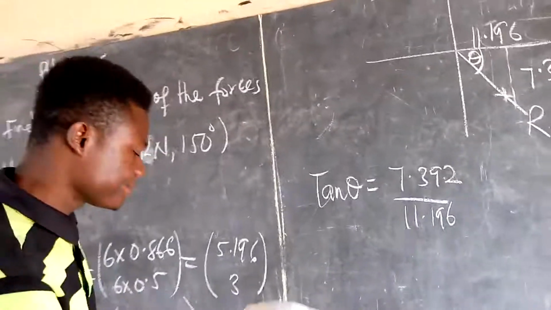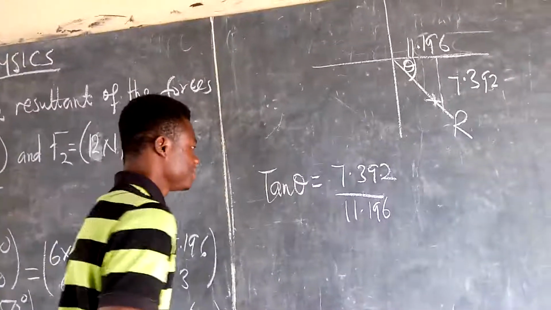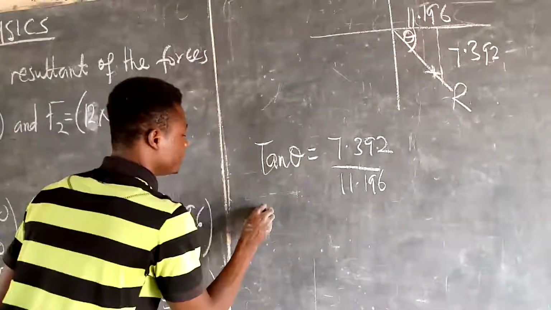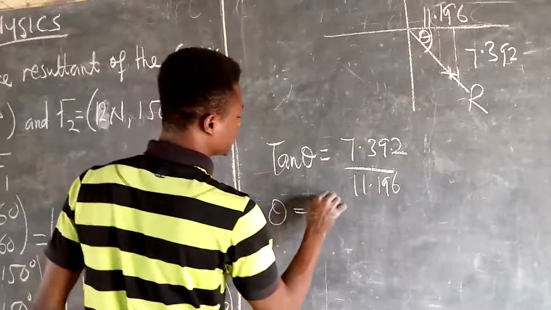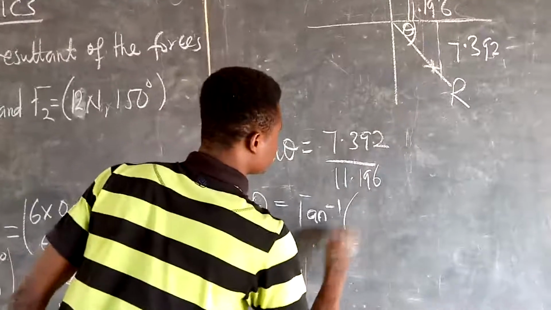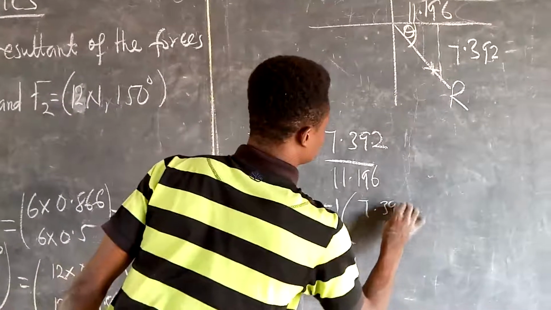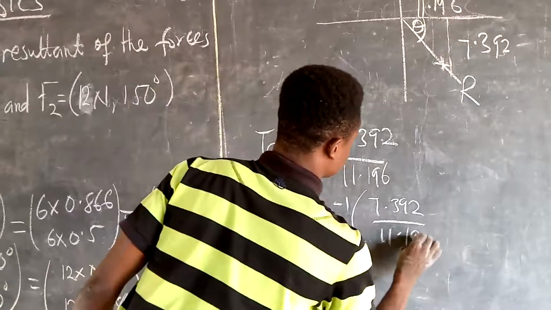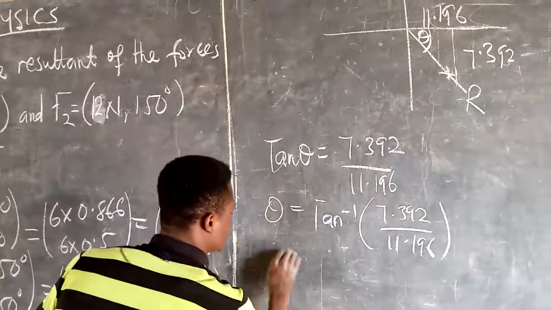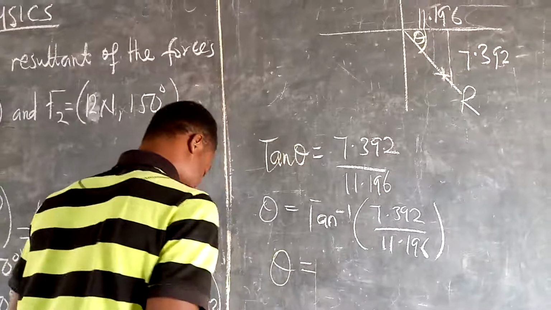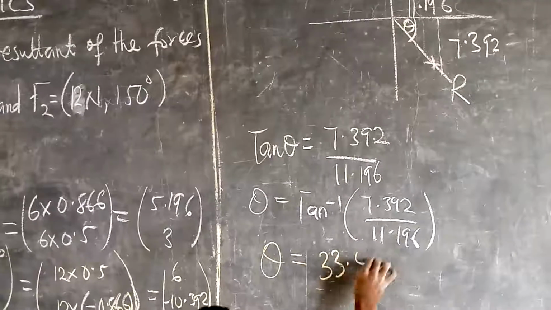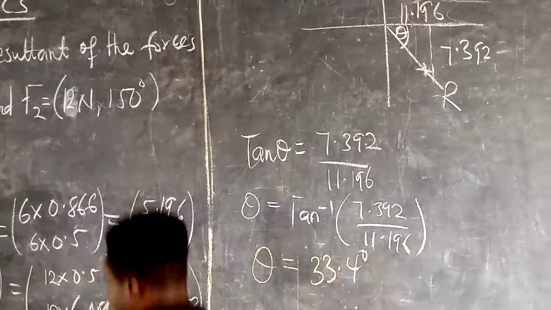Using our calculator, theta is equal to tan inverse of 7.392 over 11.196, and the angle finally came to 33.4 degrees.